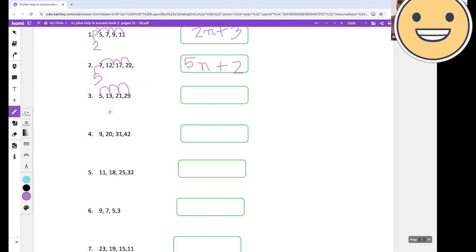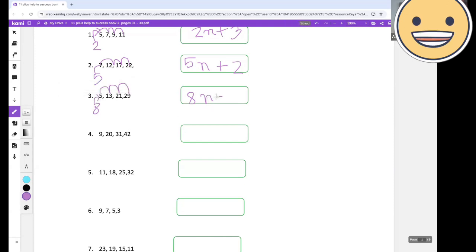What are you doing from 5 to 13? How much are you adding? You can use your fingers. Yes, it'll be 8n. Now you have 8. How would you go from 8 to 5?